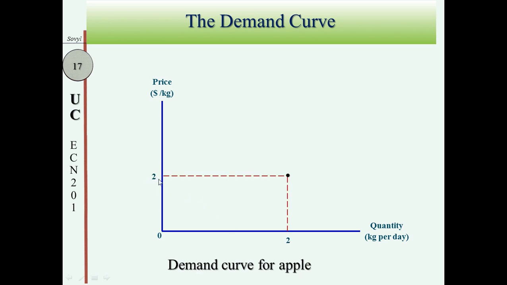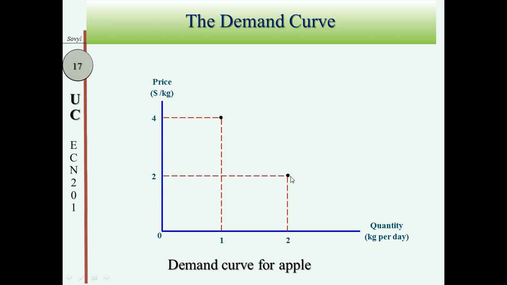When the price is $2 per kilogram, the consumer will buy 2 kilograms per day. At the other time, when the price is $4 per kilogram, the consumer will buy 1 kilogram per day. So I have 2 points. This is demand for Apple at one time.